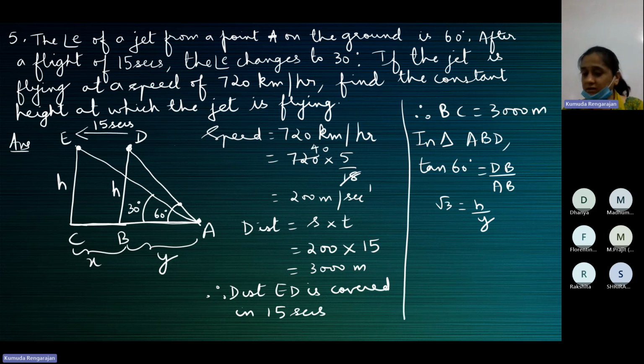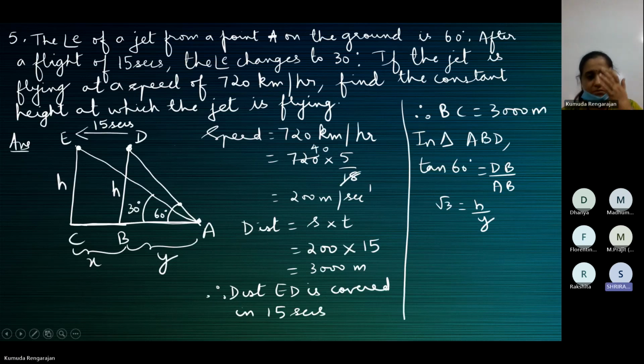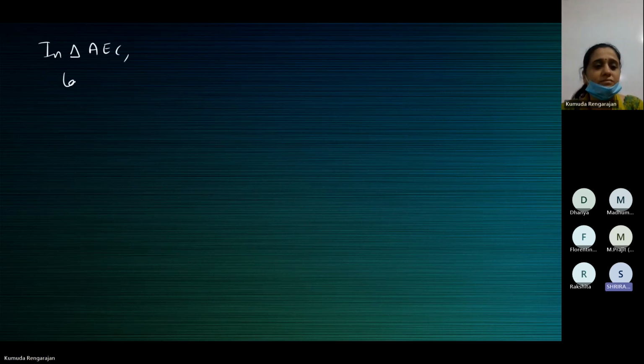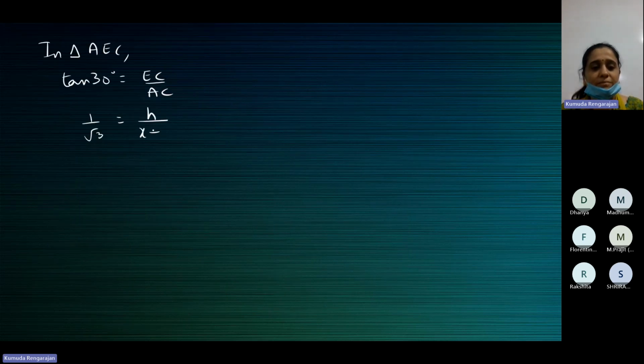Now the next one. In triangle AEC, tan 30 degrees is equal to EC by AC. 1 by root 3 is equal to H by X plus Y. So X plus Y is equal to root 3H.